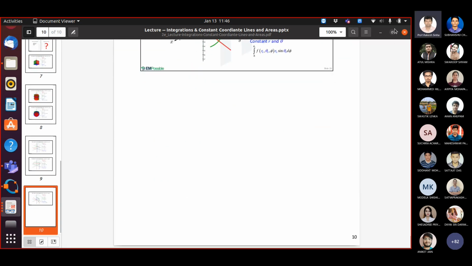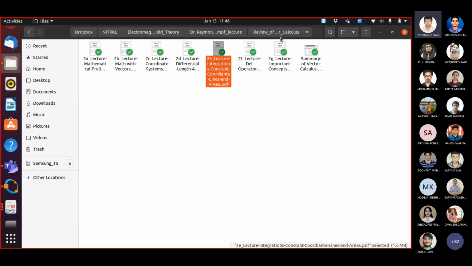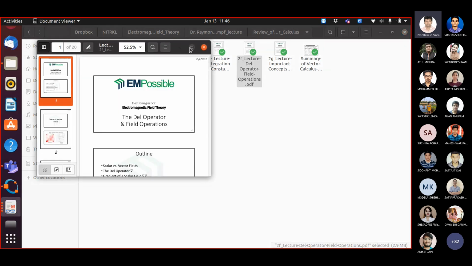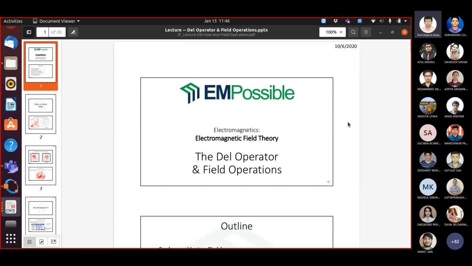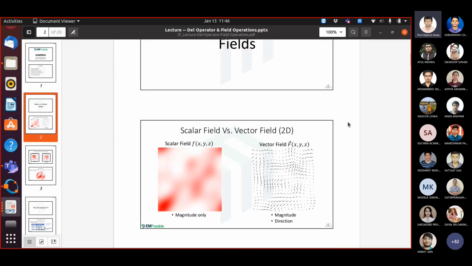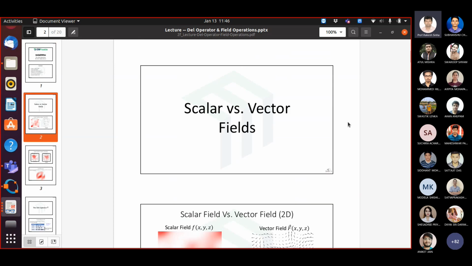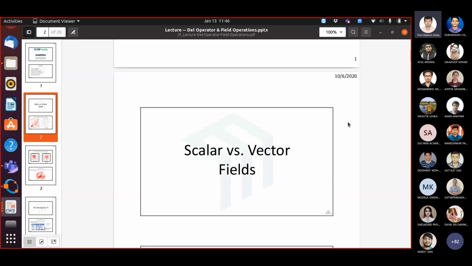Now move to the Del operators. Now it comes to field: scalar field and vector field. Can you provide some example of scalar field?